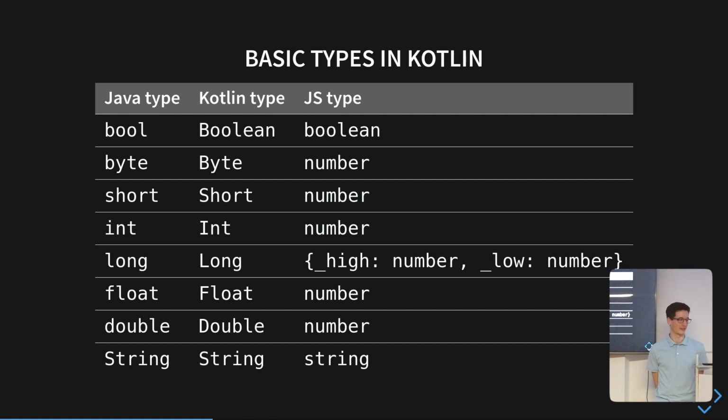And the situation is especially sad in case of long. As you can see, long is represented by an object which has basically two integers in it, the lower and higher significant bits of that, which means it's not only very inefficient to use in terms of CPU, but in terms of memory management as well, because every time you make some long operation, the result of that will be another long, which is an object, which later has to be filled by the garbage collector.